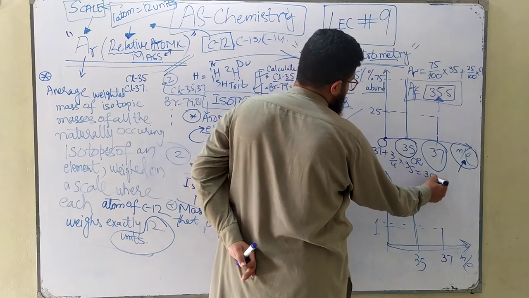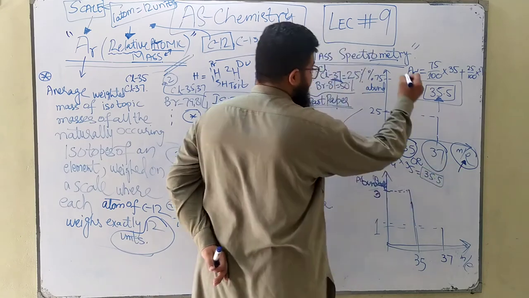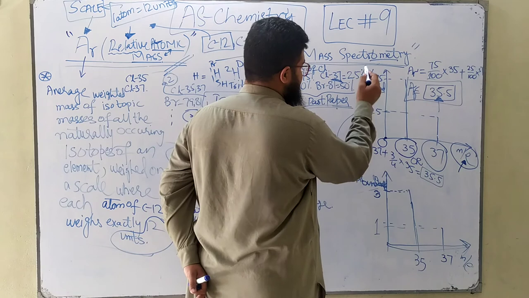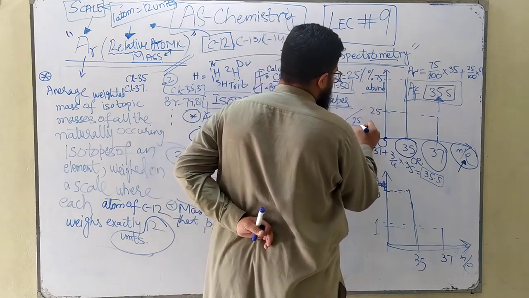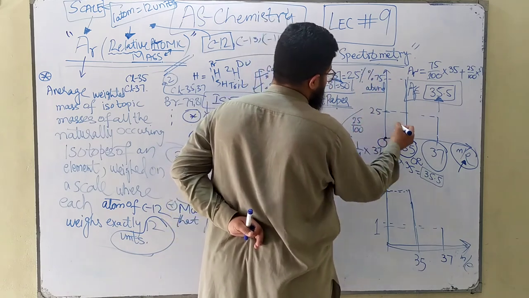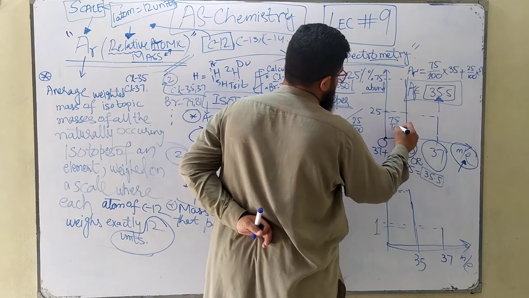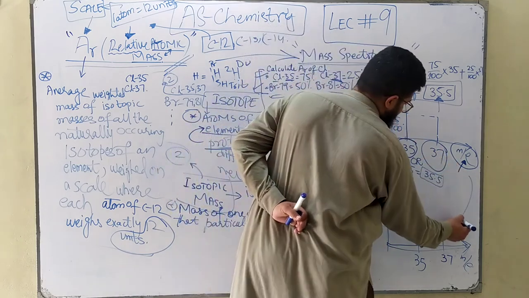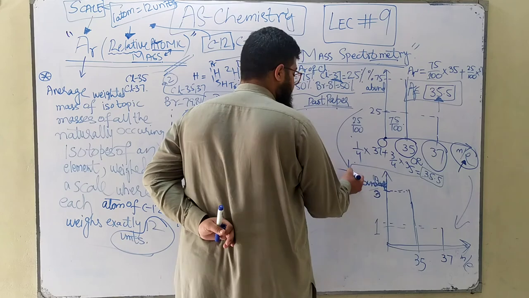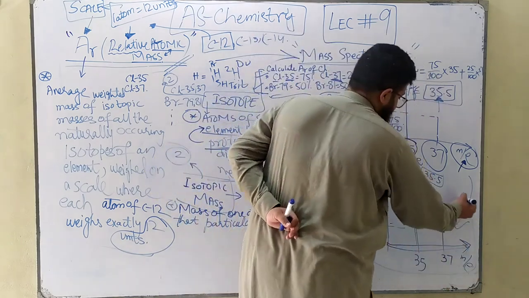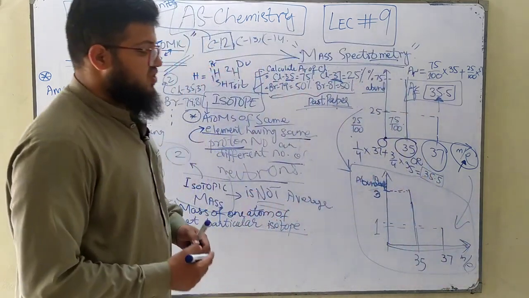This will also give you 35.5. Same answer, because the fraction is nothing different than 25 upon 100, and this fraction is nothing different than 75 upon 100. Sometimes the examiner does give you a question in this format, so I clarified it here because it's important for you to understand it.